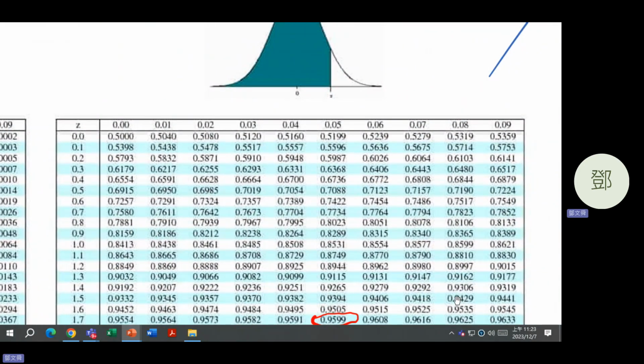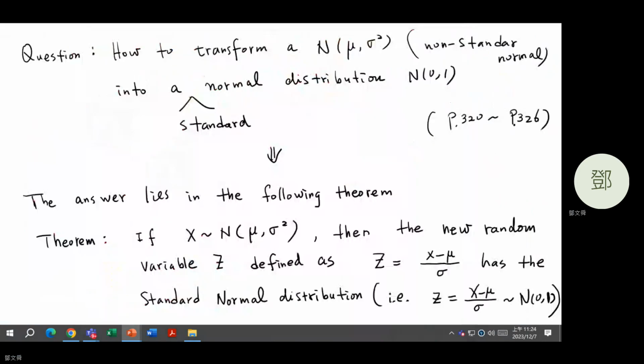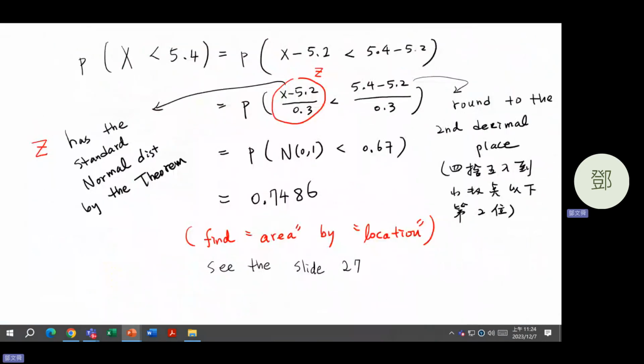Here, 0.6 and 7. Go to the right. This value is for 0.67. So what is the probability, the area? 7794? So the answer is 7794.